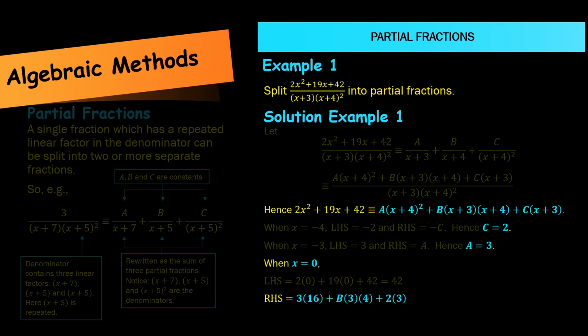When x equals 0, then on the right-hand side we can plug in A equals 3, C equals 2, and x equals 0 to give us 3 times 16 plus B times 3 times 4 plus 2 times 3.